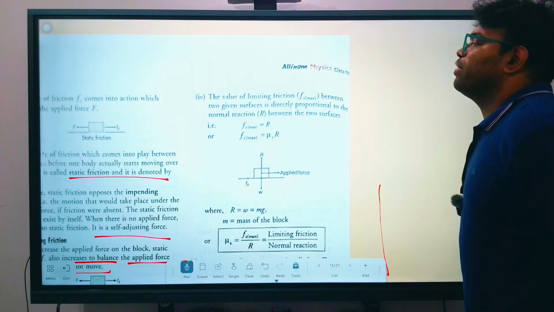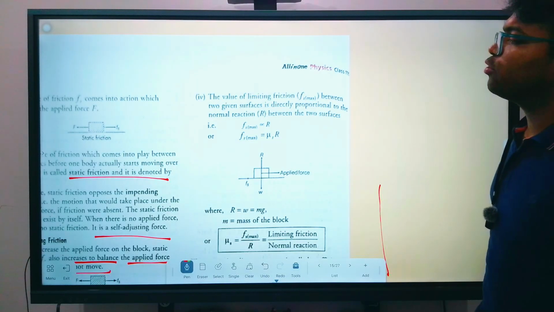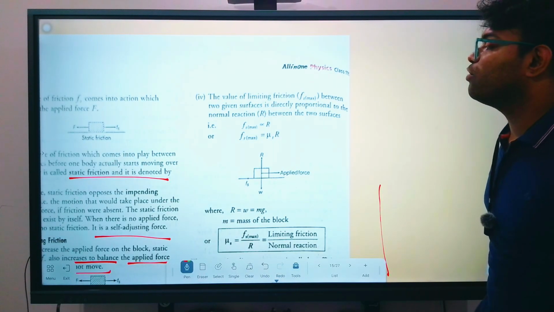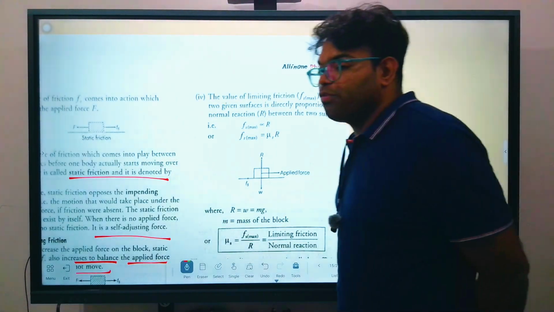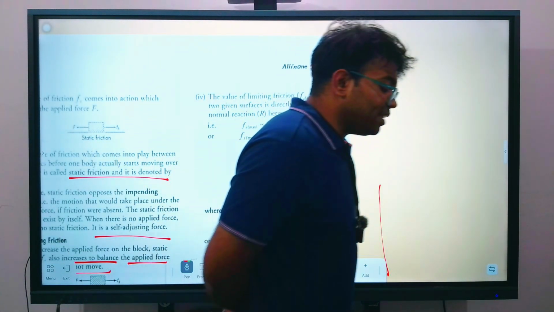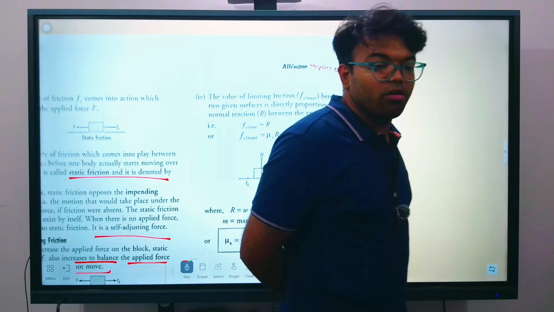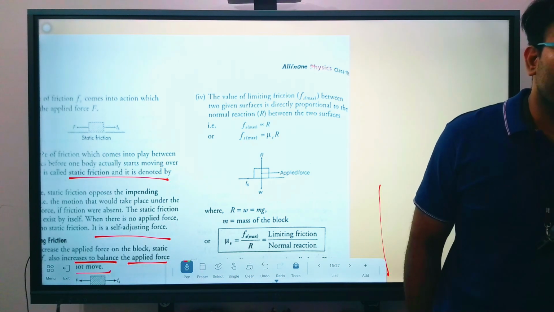The value of limiting friction, Fs max, between two given surfaces is directly proportional to the normal reaction force between the two surfaces. So what is the normal reaction force? It is a force which is balancing the weight of the object. The force which is balancing the weight of the object is called the normal force.